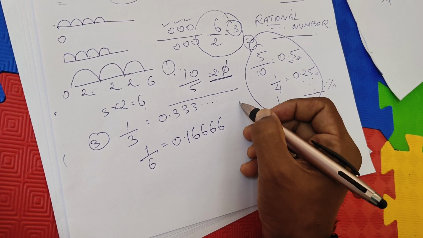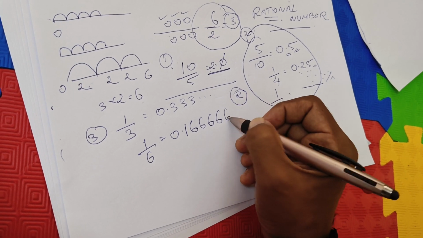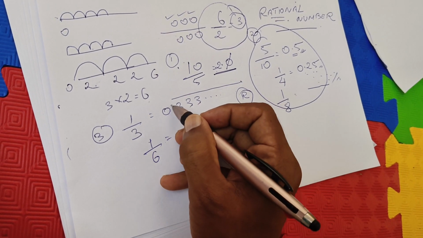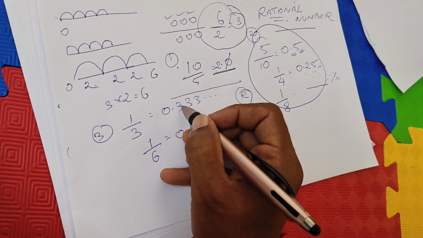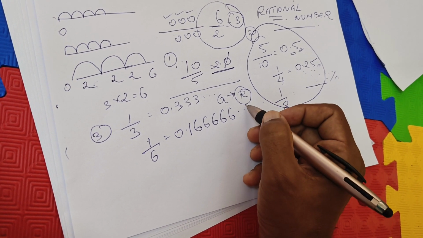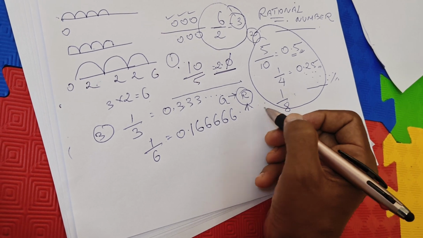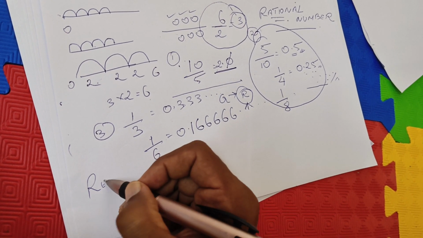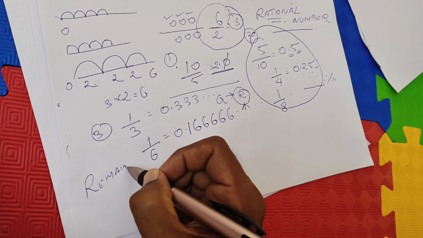What am I doing? I'm storing the remainder in my brain so that I can calculate. The moment I put 3 here, it's a quotient, and I'm remembering the remainder in the background of my mind. So the remainder is a very, very important game that we're going to play today.